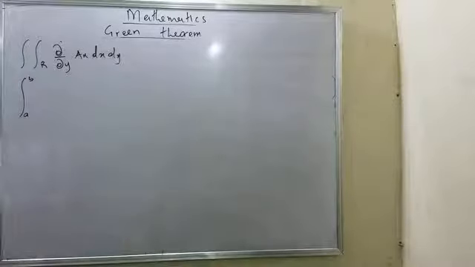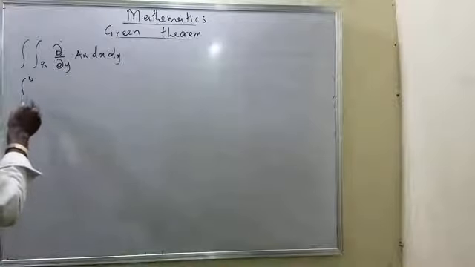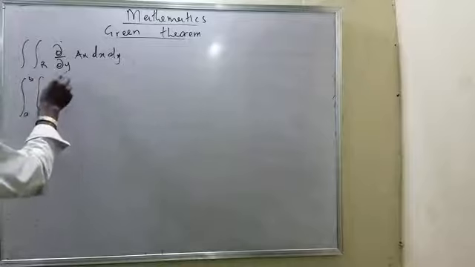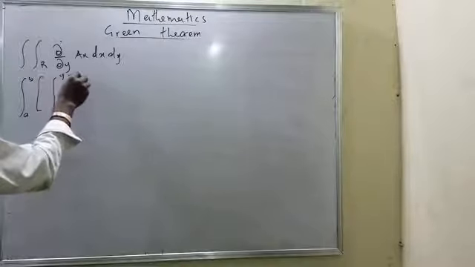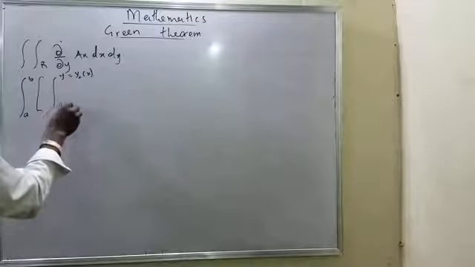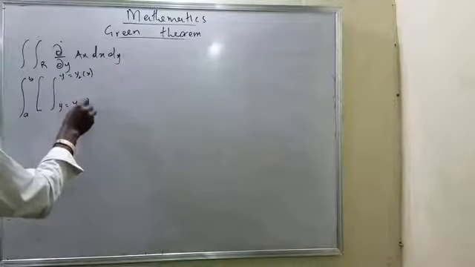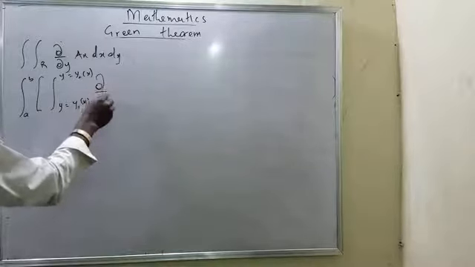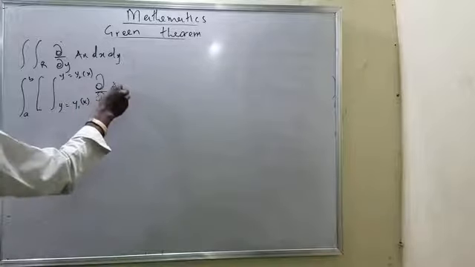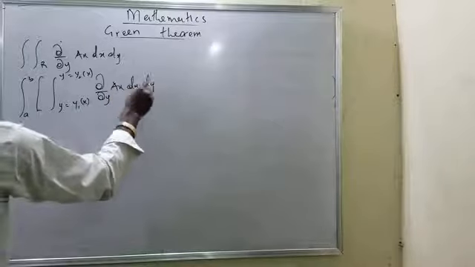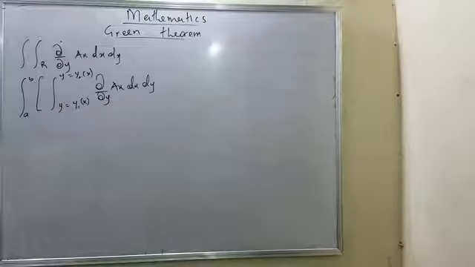I'll have the integral from A to B of the integral from y equals y1 of x to y equals y2 of x, of the partial of A with respect to y, dy dx.